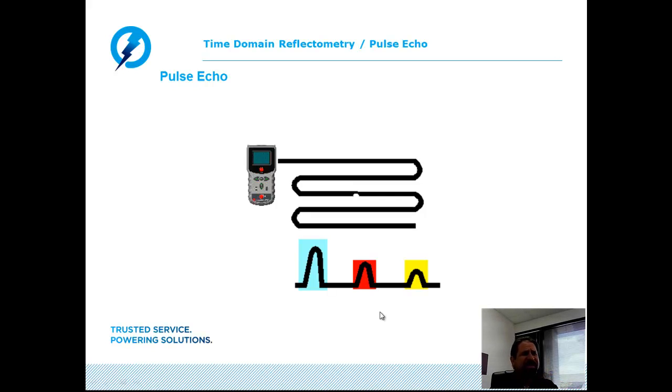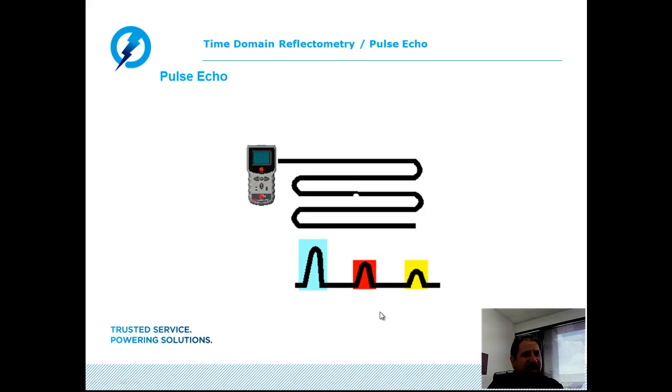To a lesser extent, the pulse echo technique can be used to locate shunt cable faults or faults in the dielectric material in the cable. Again, the pulse echo technique can be used for this to a lesser extent, provided that the resistance of the insulation fault is a value less than 10 times the characteristic impedance of the cable being viewed.